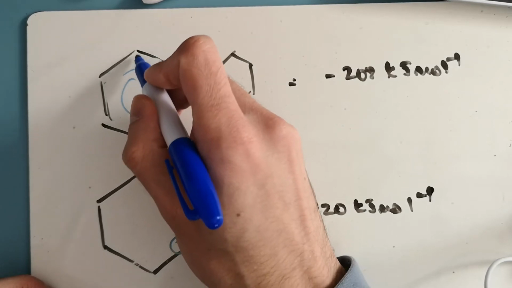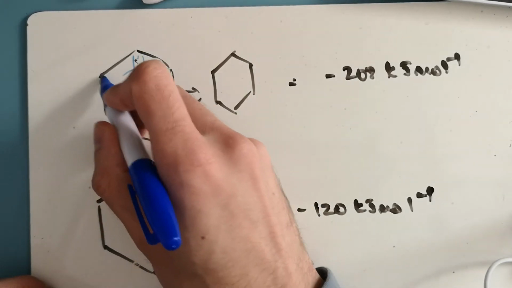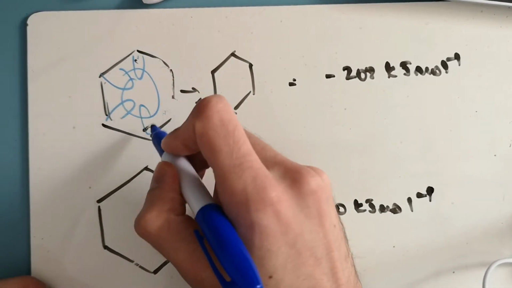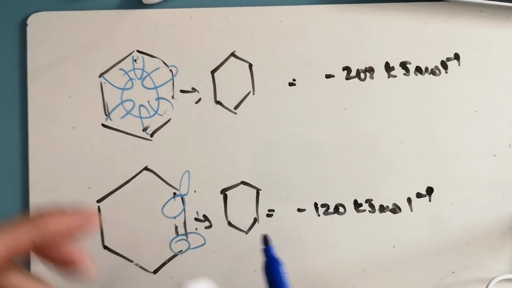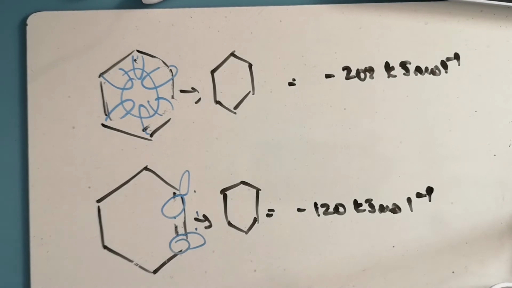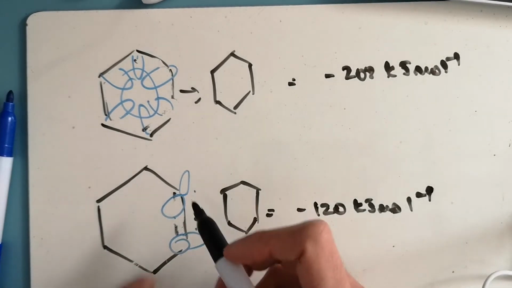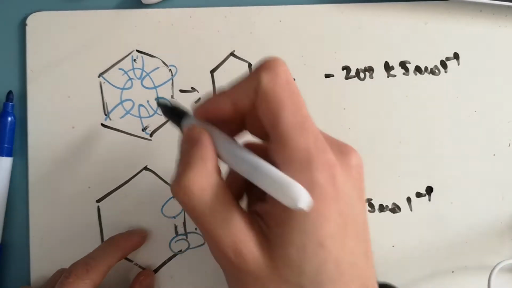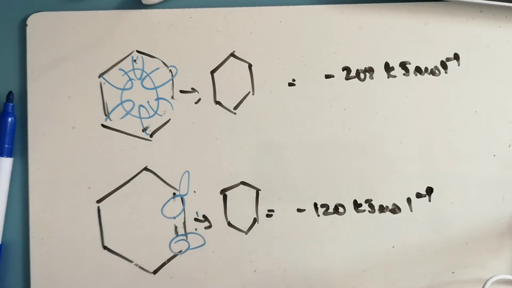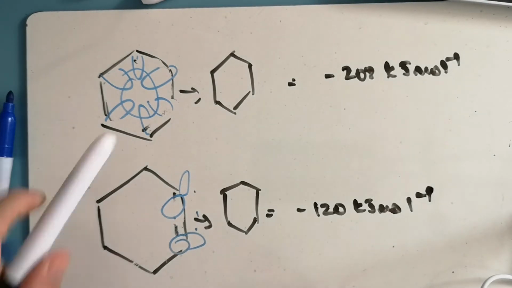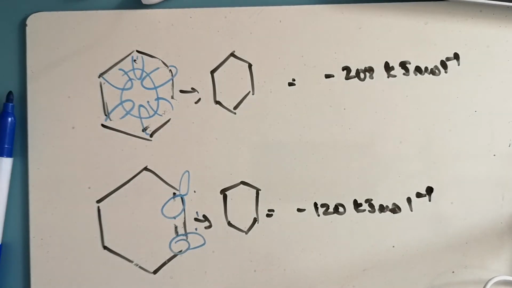So we get all 6 electrons overlapping into the center to make a central area of delocalized electrons, and this increases the stability. Because this pi bond forming from a double bond is different from this electron dense region forming in a benzene ring, we get different values here.